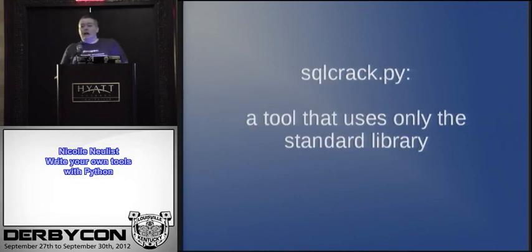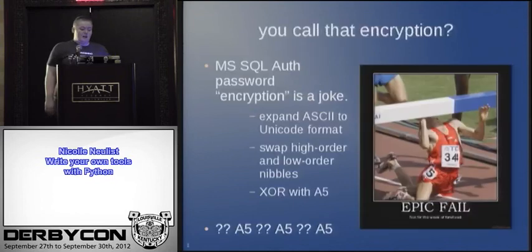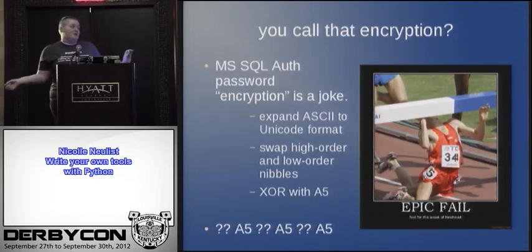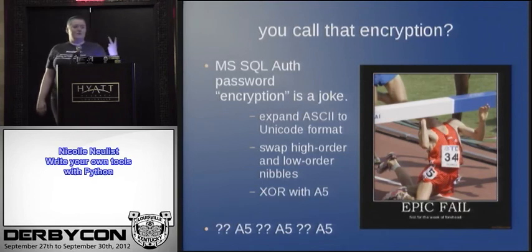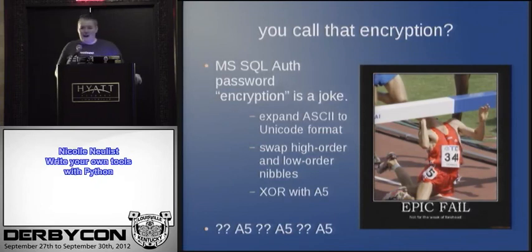So now we're just going to look at a tool that I wrote that uses only the standard library, just to see some of this in context, because I know I've thrown a bunch of Python stuff at you. MS SQL auth encryption sucks a lot. It just expands the password to Unicode format, swaps the first 4 bits with the last 4 bits in each byte, XORs it with A5, and there you go.